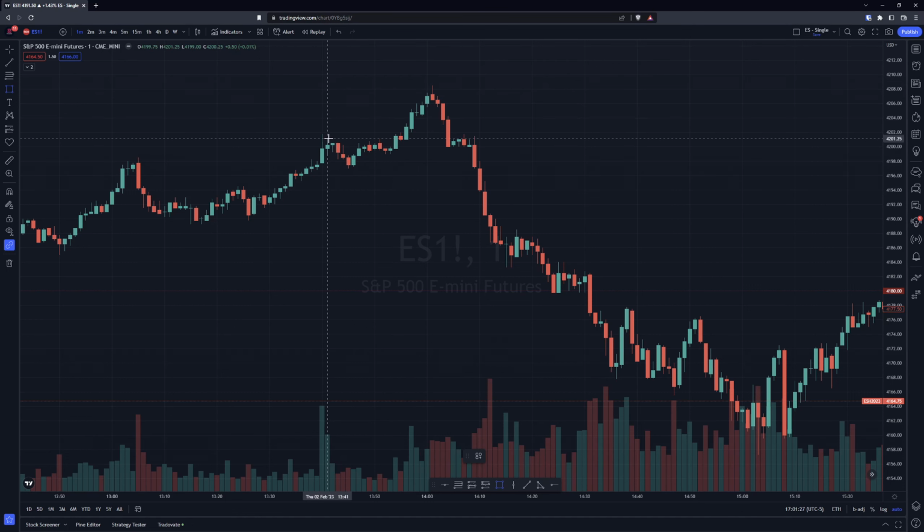But let's look at what I would have considered the consolidation or accumulation phase, right? So let's say it's like right here, right? Something like that.